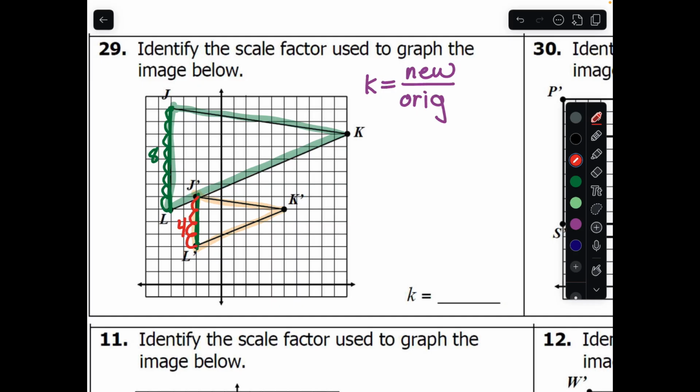So we do the new over the original. We have 4/8. We can simplify this fraction with the A, B, C button in our calculator, and that reduces this fraction to 1/2. So this new shape is half the size of the original, and that makes sense because it's getting smaller.